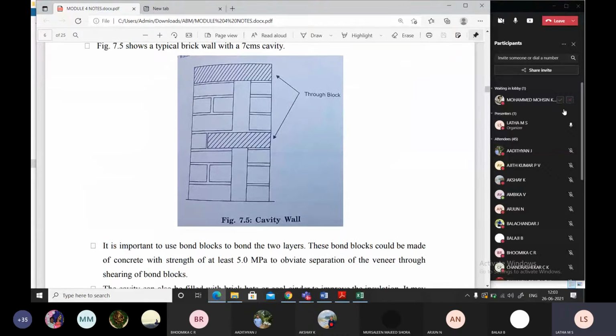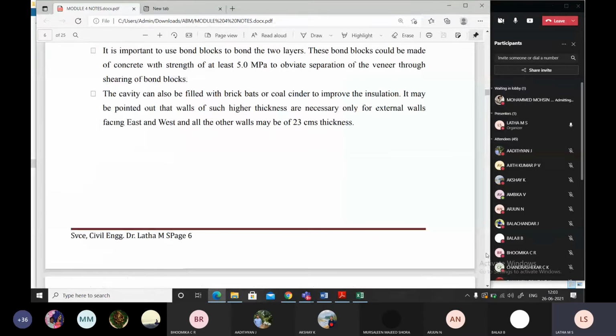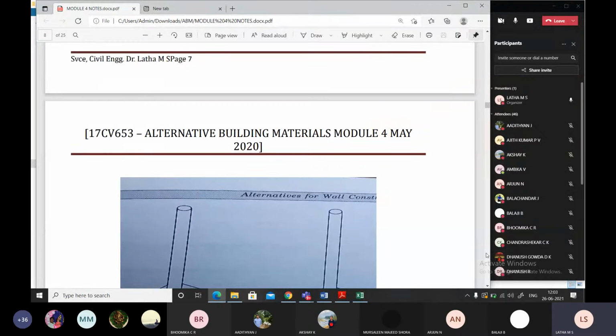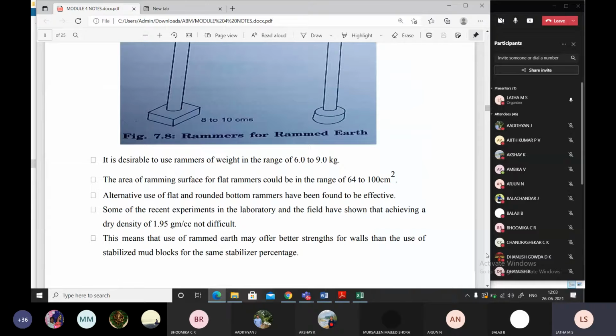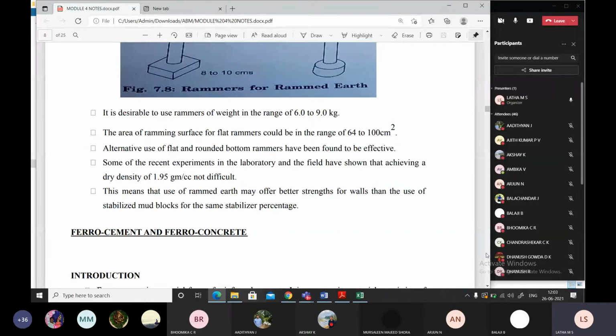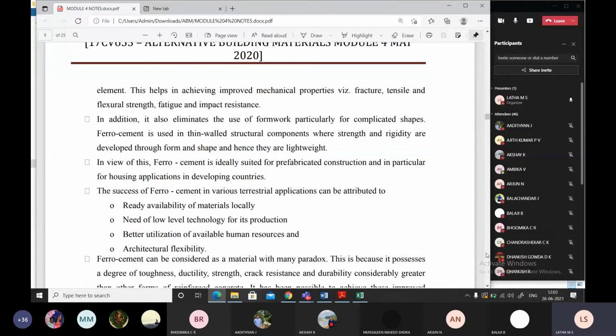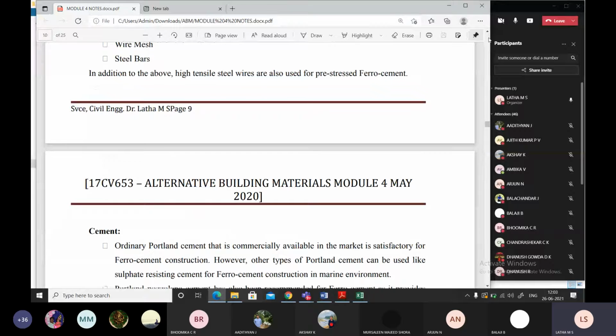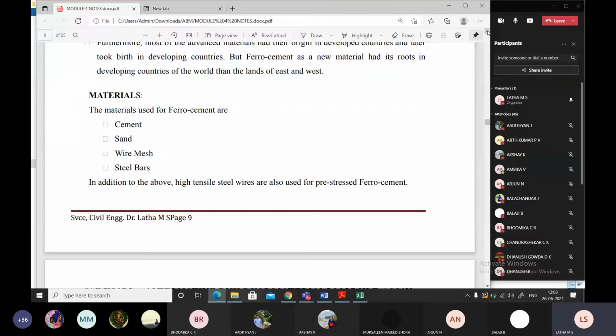Then you have to talk about the ferro cement and rammed earth wall also. You have to be aware of the procedure. Yesterday we started the discussion of ferro cement and we saw a video about it also, students. What are the materials we use for ferro cement construction? Tell me.